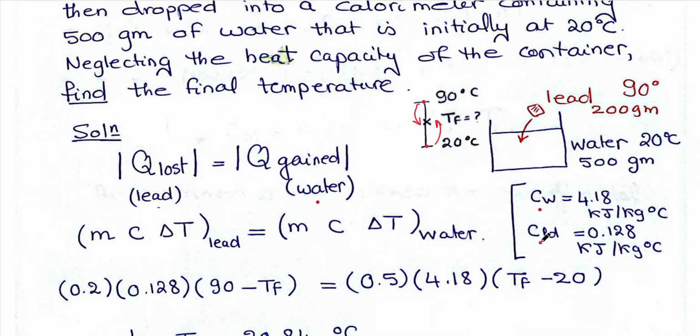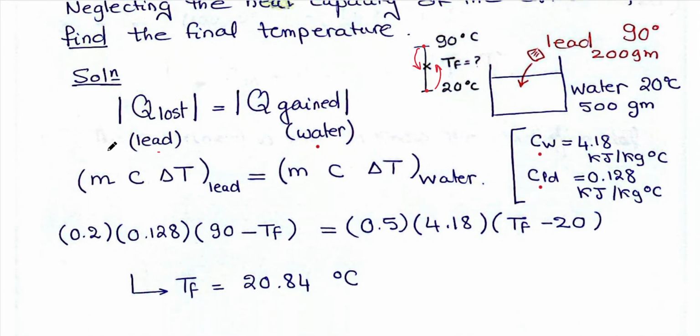In your sheet, you will find a lot of problems and you will go to the table to find the specific heat of the required materials. Okay, MC delta T is Q lost by lead and MC delta T is Q gained by water.